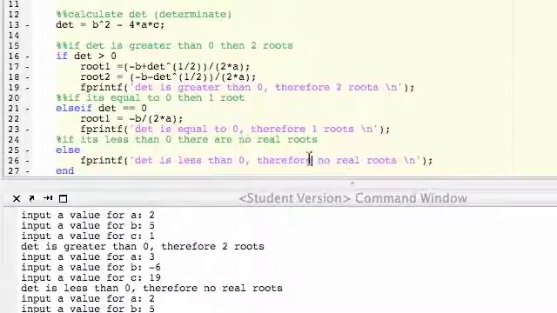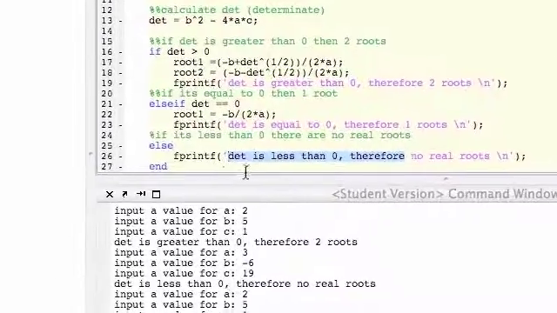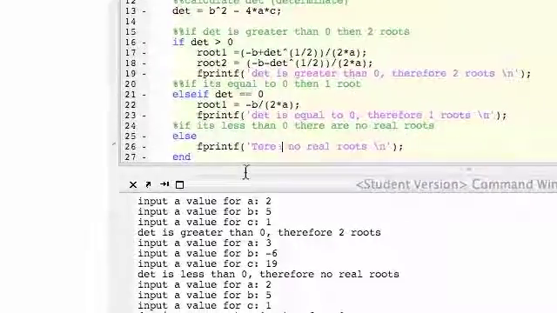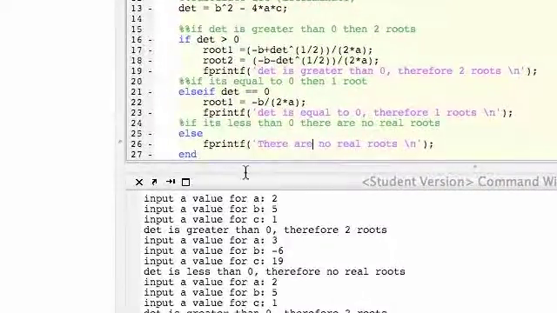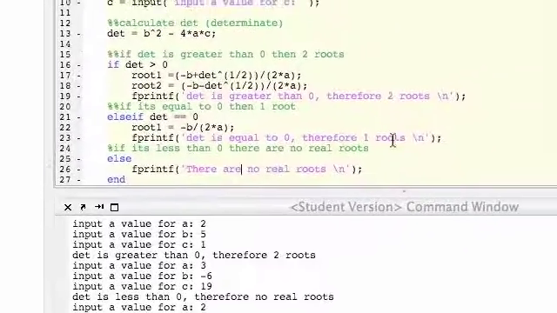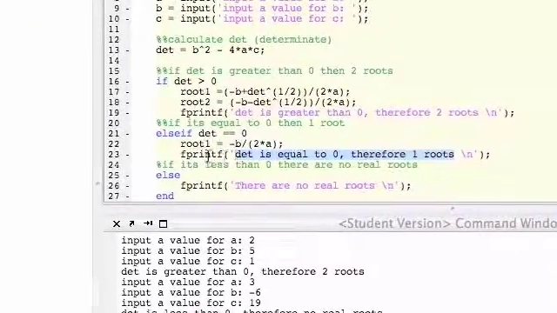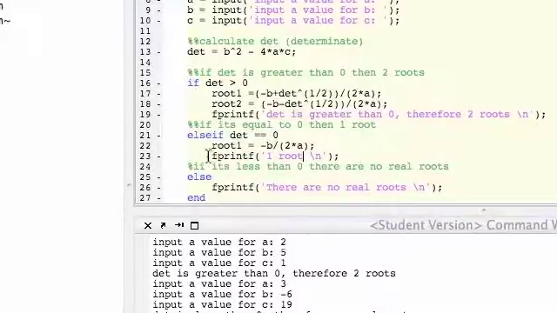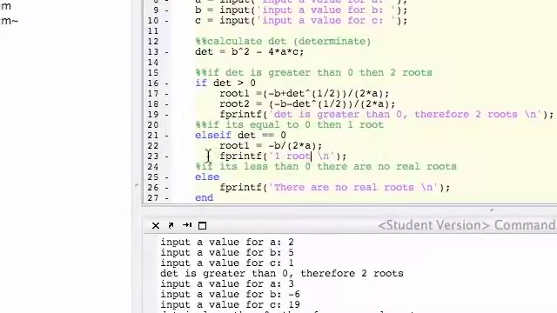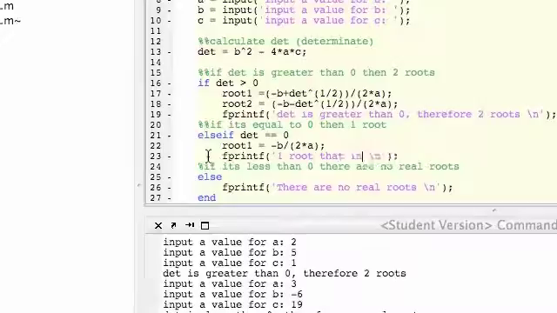Okay, I'm just going to change some stuff. Instead of writing the det is less, let's say there are no real roots. And then I'll change this one. So we want one root that is, and then we'll do percentage, and then I'll do 2 decimal places, so .2f.